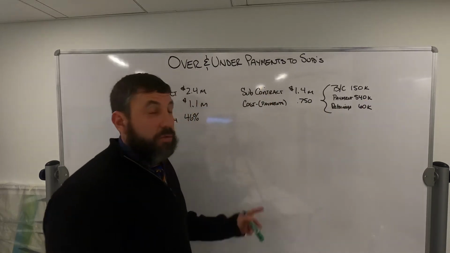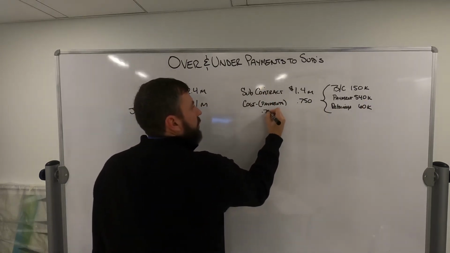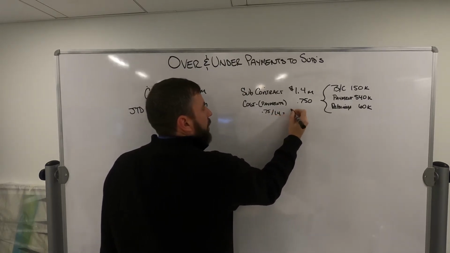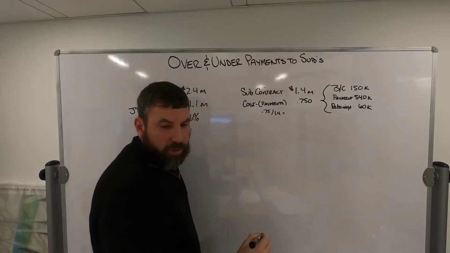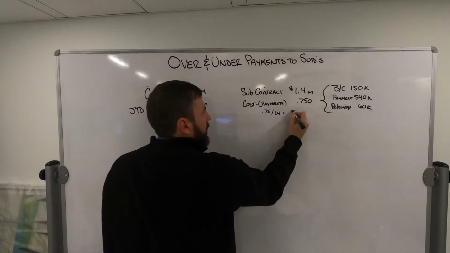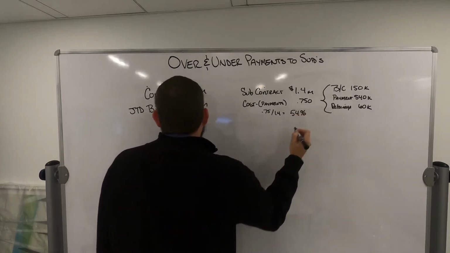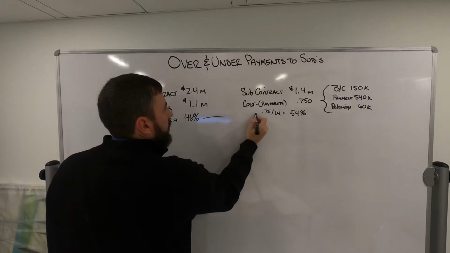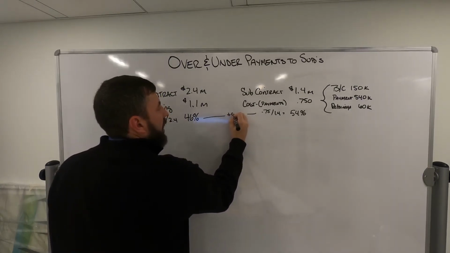Adds up to there. If you do this math, 0.75 divided by 1.4, you're at 54%. So if you compare these two numbers, you're plus 8%.